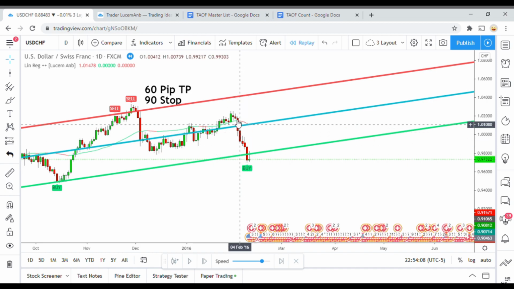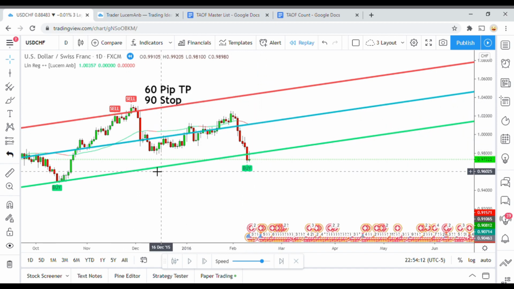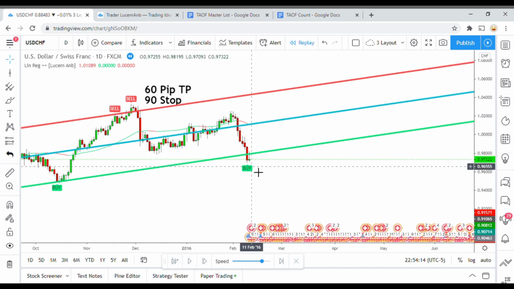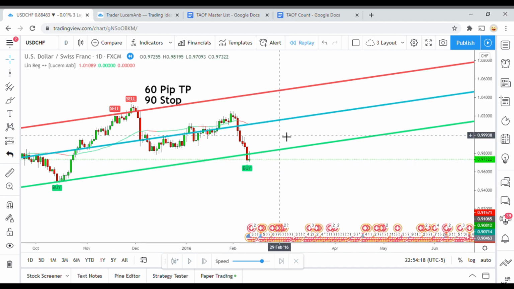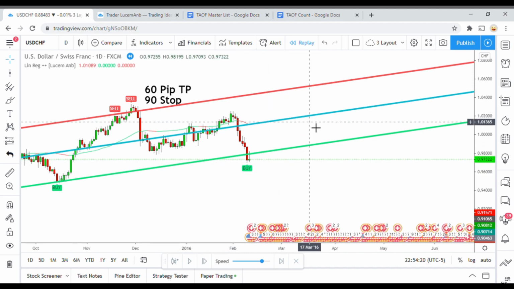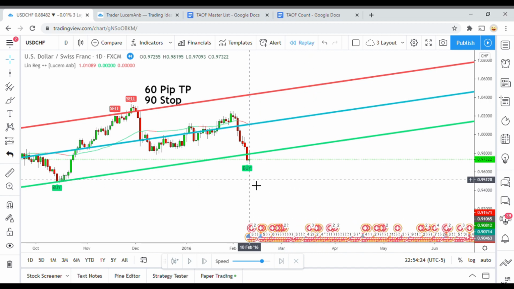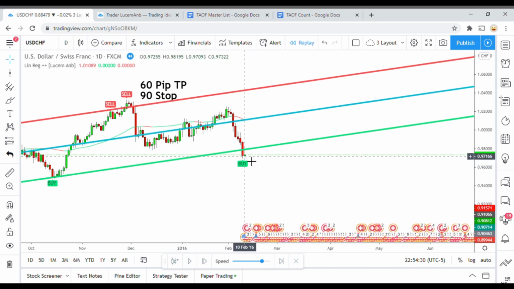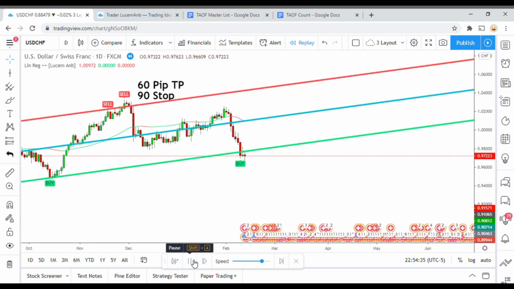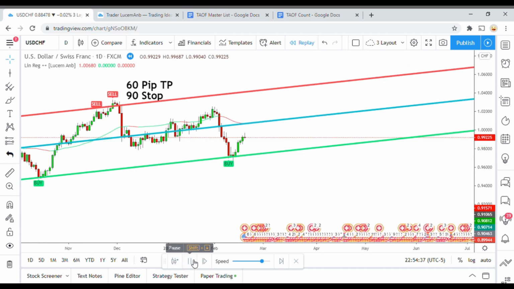But what it can do is give you an idea of when price is overextended in one direction or another, and could have a reversal in the trend and a new trend starting sometime in the near future. But for the moment, let's trade it the way it says to trade it. When it gives us a buy, that is a long. Let's play it out and see what happens.